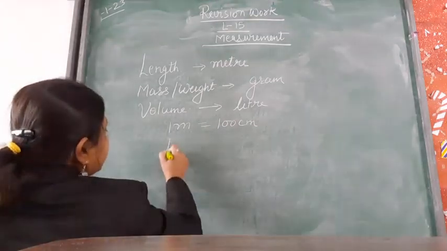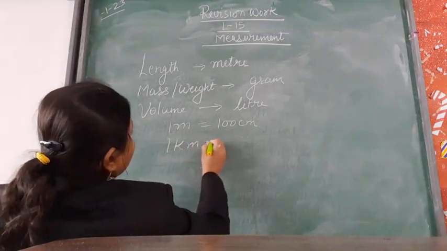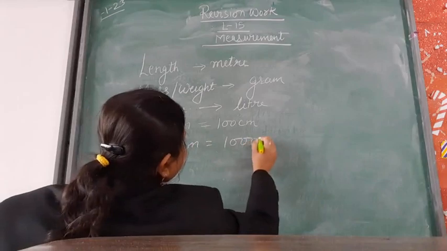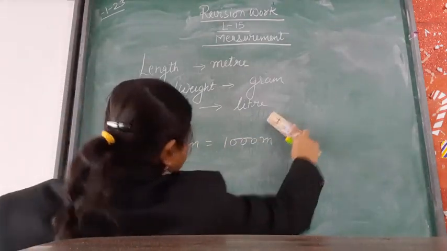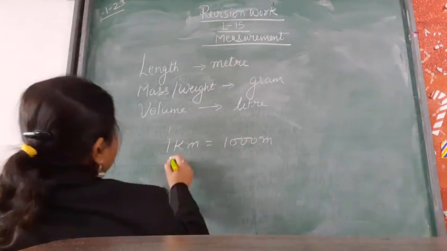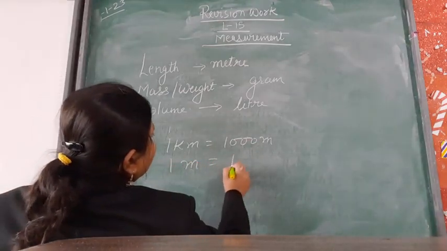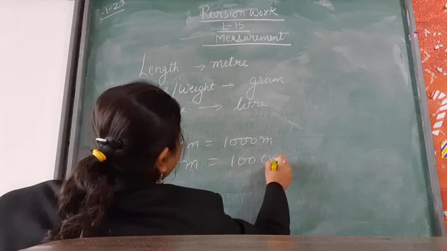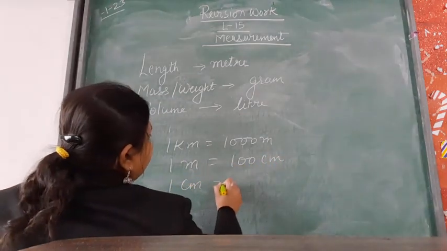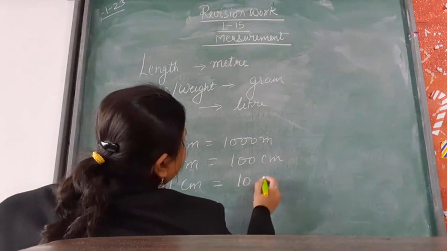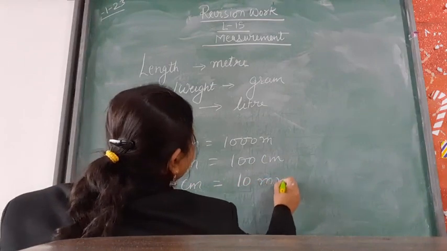Likewise, in 1 kilometer there are 1000 meters, okay? So let us write this step below. In 1 meter, there are 100 centimeter. Likewise, in 1 centimeter, there are 10 millimeter.